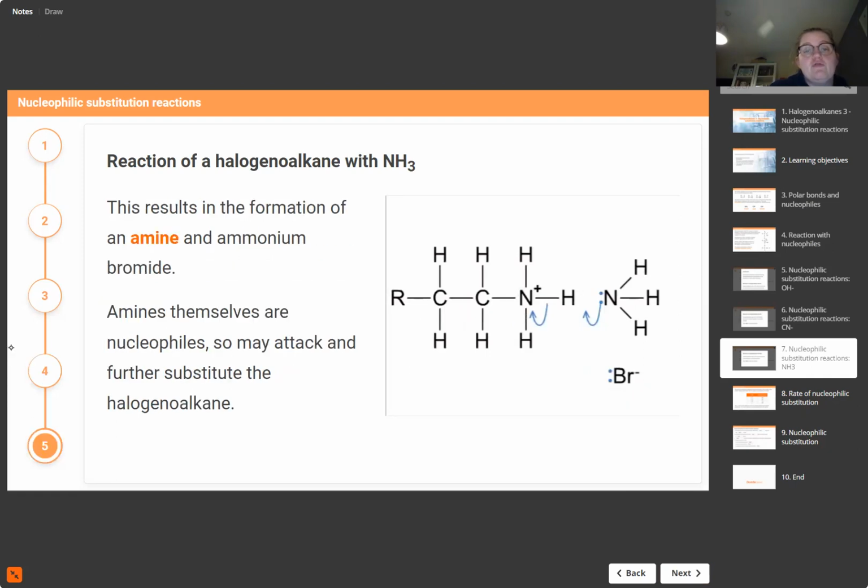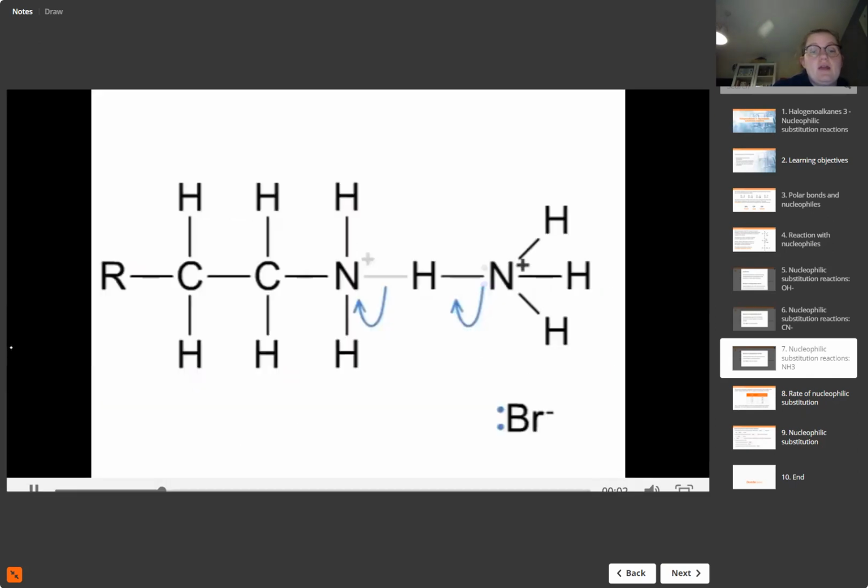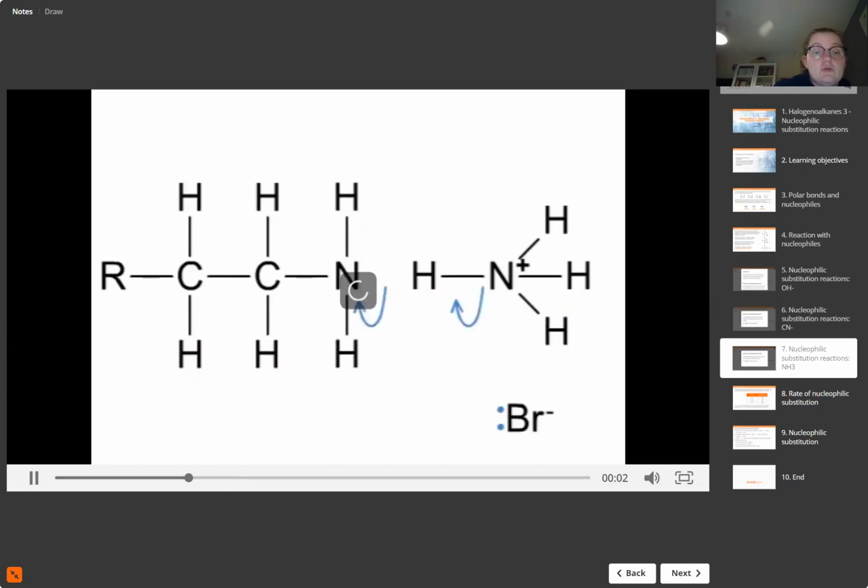What this will do is result in the formation of an amine. Amines themselves are nucleophiles. So that bond breaks.